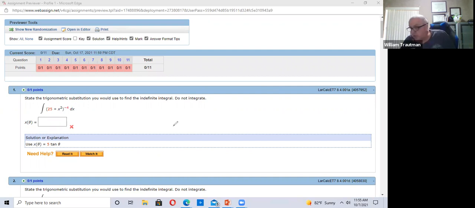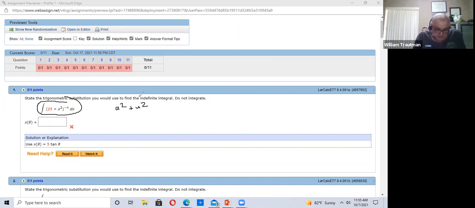So I would go to those rules that we wrote down once again, and here is a squared plus u squared. Once again, you have to recognize what we had from that PowerPoint.